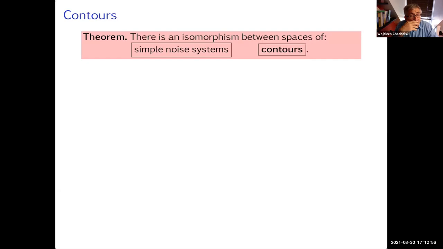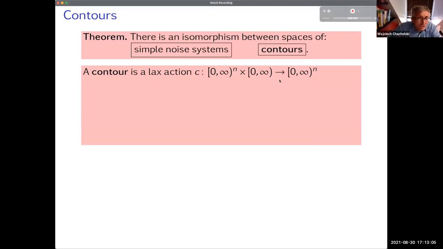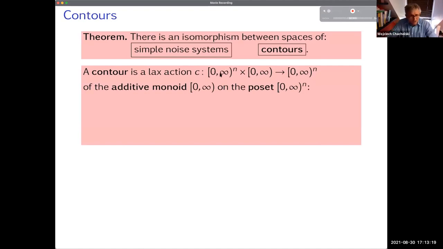and the space of contours. And what is a contour? A contour is simply an action, or a lax action, of the additive monoid of real numbers from 0 to infinity on the poset of n-tuples of non-negative real numbers. So what does it mean? It's a lax action.